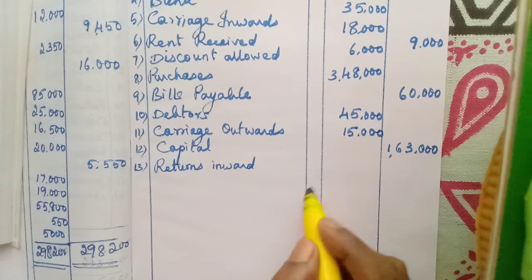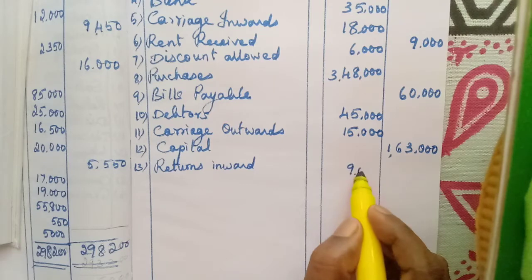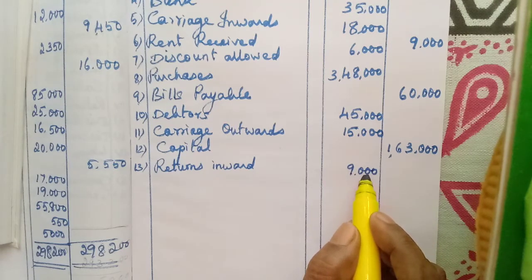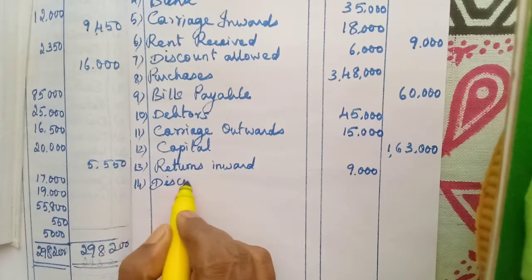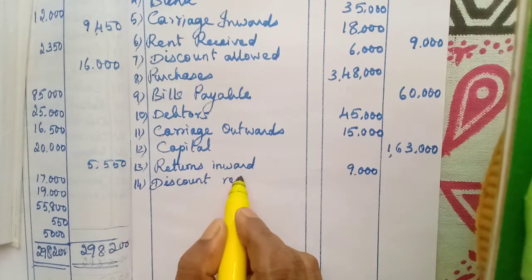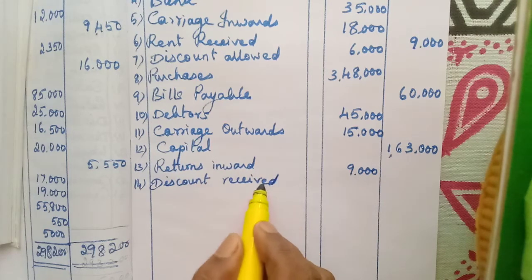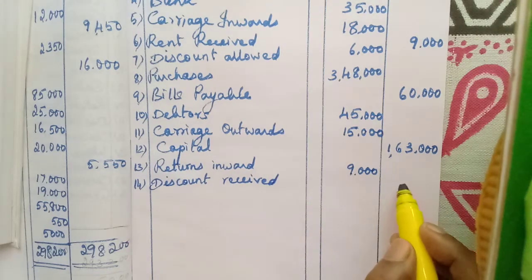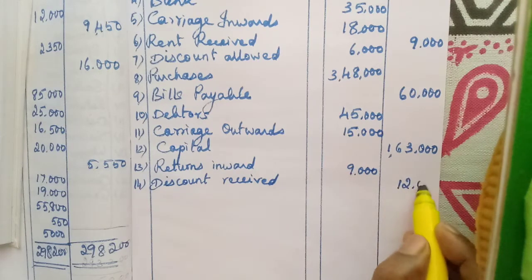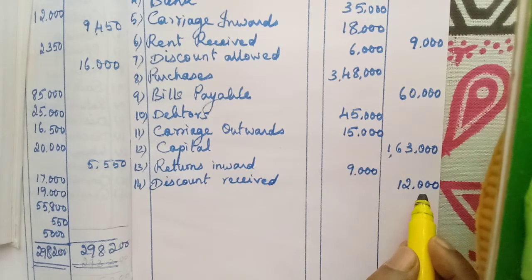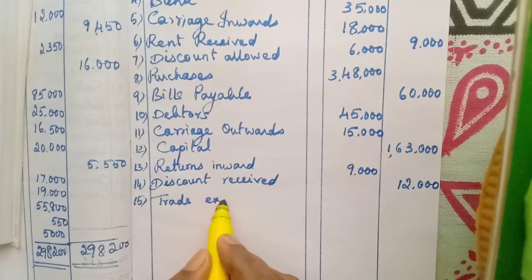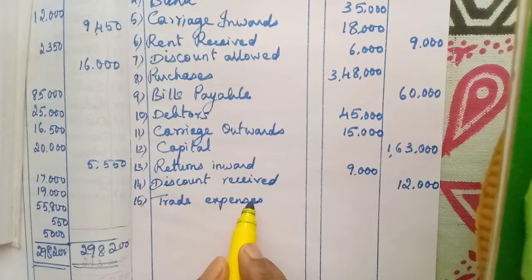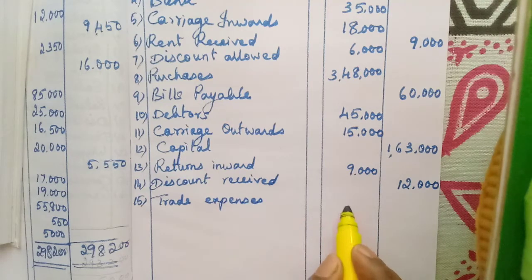Okay. 9,000. Discount received 12,000. It is an income. So credit. Trade expenses. Trade expenses debit 18,000.